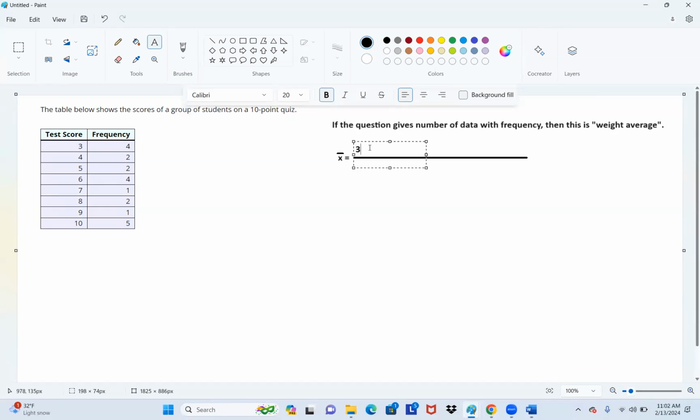So we take 3 times 4 plus 4 times 2 plus 5 times 2 plus 6 times 4 plus 7 times 1. So with 7 times 1, we have one person who scored 7 points on the test. And then 8 times 2 plus 9 times 1 plus 10 times 5. Are we good?